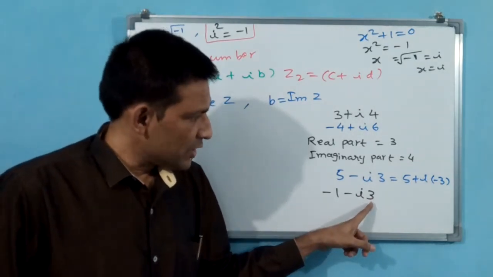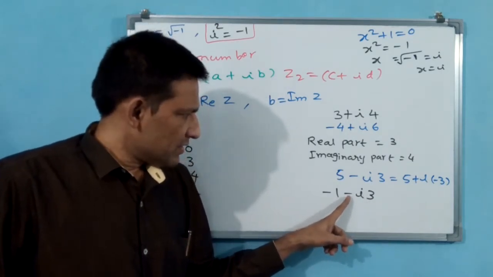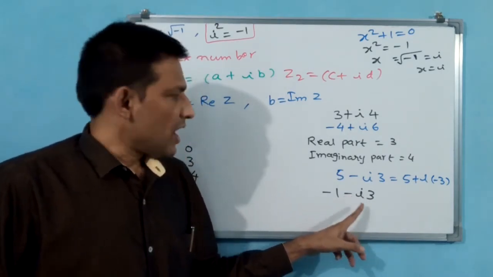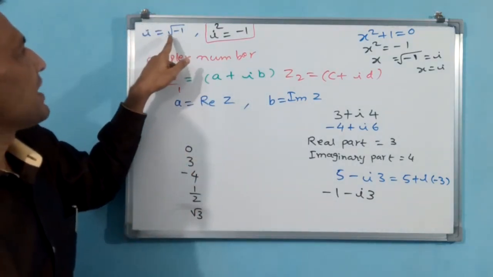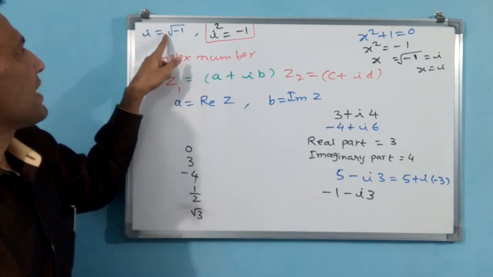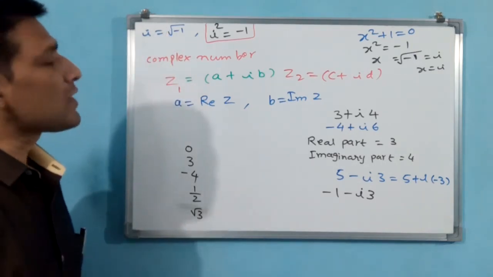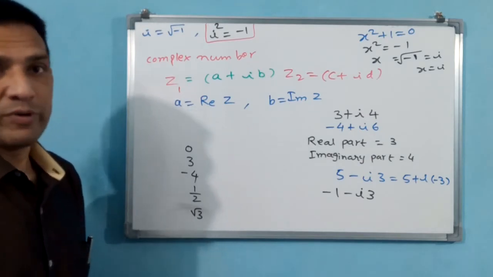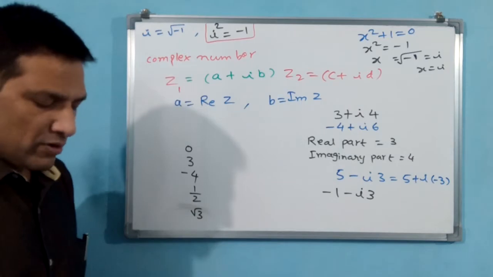Don't think that here 3 is positive. See, 3 is positive, but this is negative. i is always positive only. You think i is square root of minus 1. That means before the square root of minus 1, only positive is there. i cannot be minus square root of minus 1. That you have to keep in your mind.